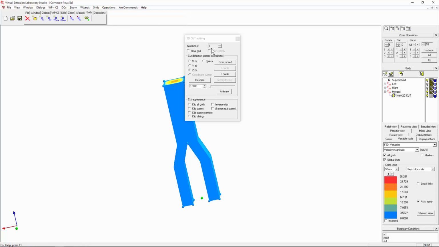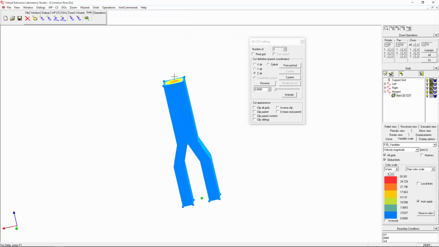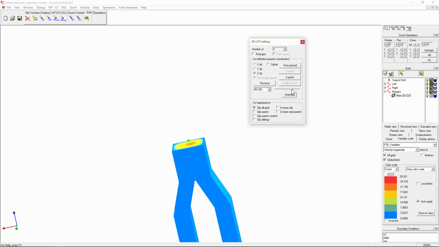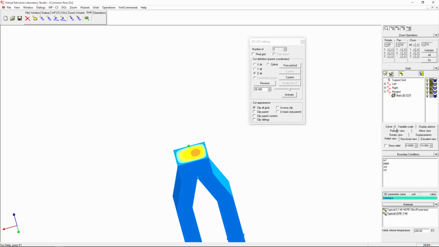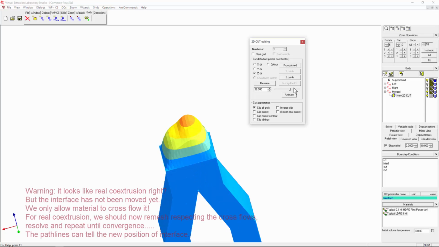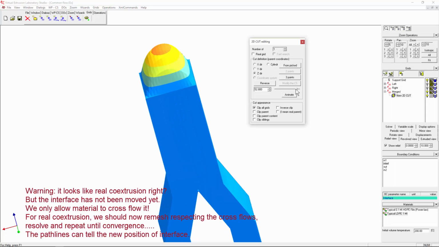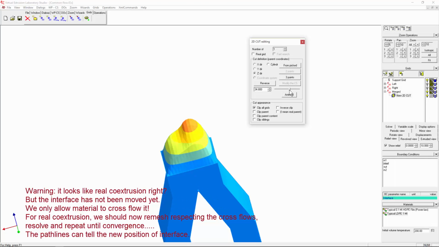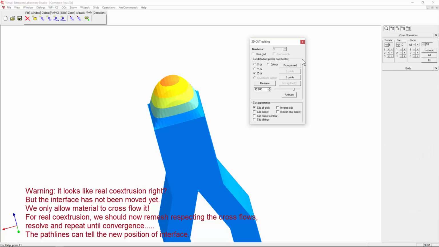So for me, if I just use a Z cut here and do some clipping, at once I will see both meshes, and now I finally see the real coextrusion, and I start to see the flow across, and I can see how these two interfaces merge and how they develop. I can see the elongation and all these effects, right?